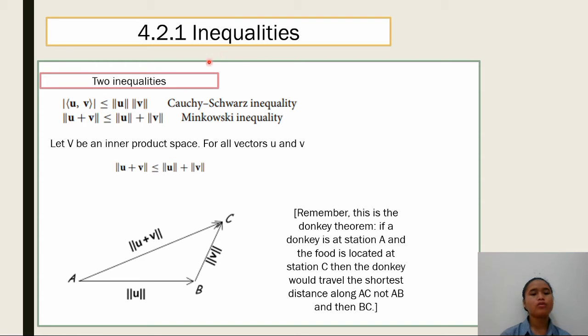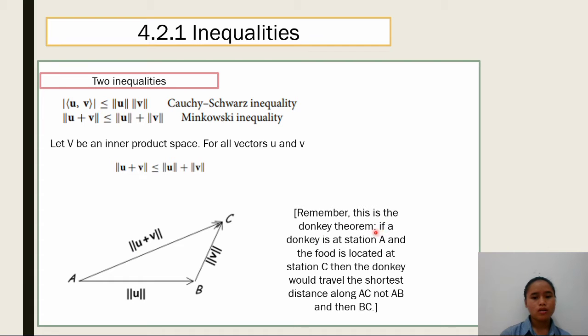Inequalities. Two inequalities: the Cauchy-Schwarz inequality and the Minkowski inequality. Let V be an inner product space, for all vectors u and v. So these are A, B, and C: the length of u, the length of v, and the length of u plus v.